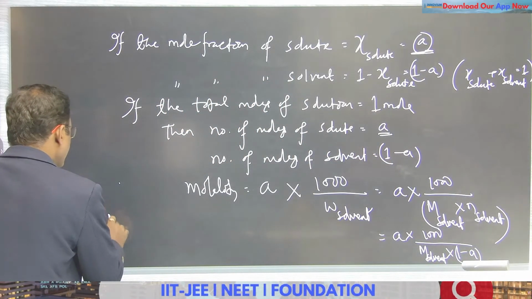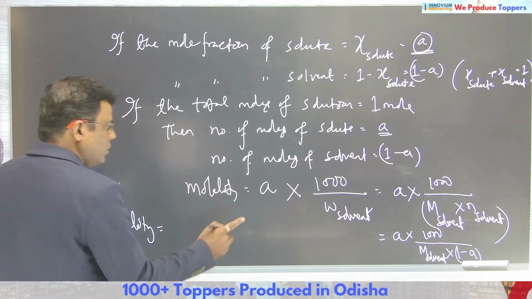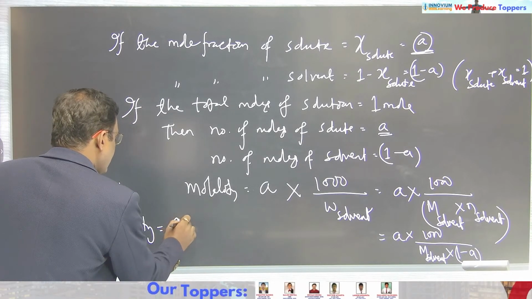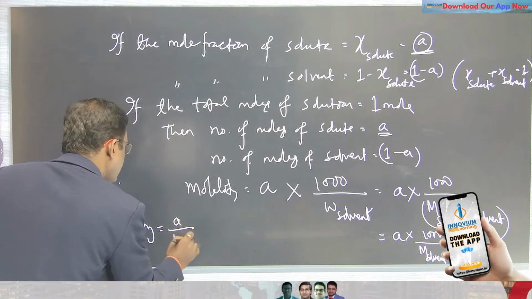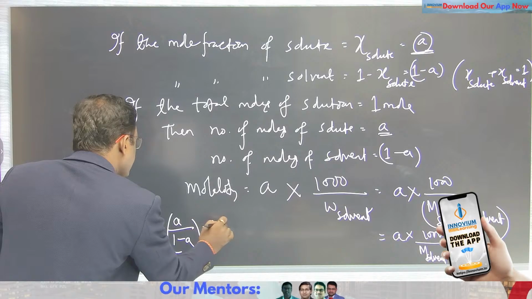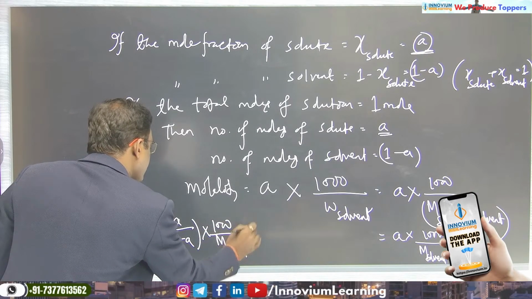So finally we are getting the expression of molality using mole fraction, that is A divided by 1 minus A multiplied with 1000 by molar mass of solvent, correct?